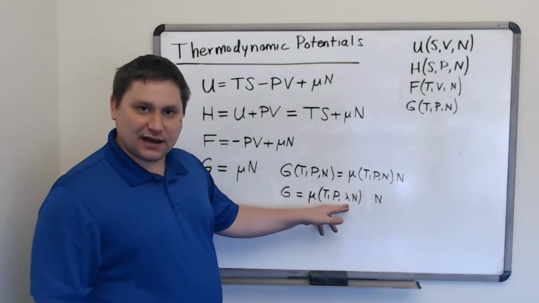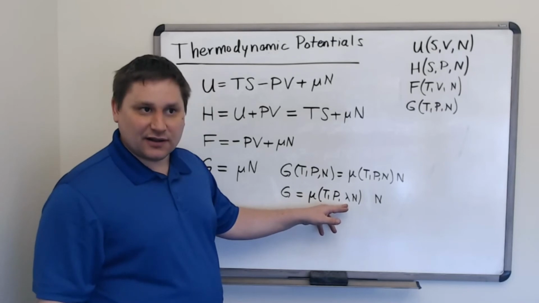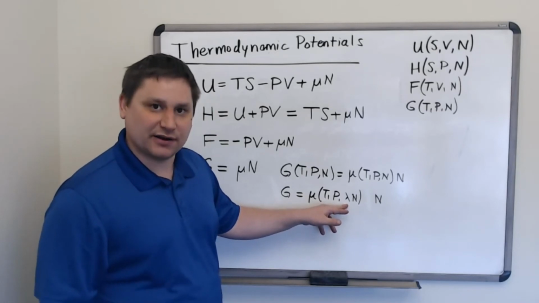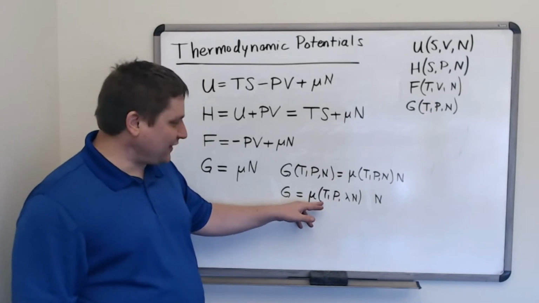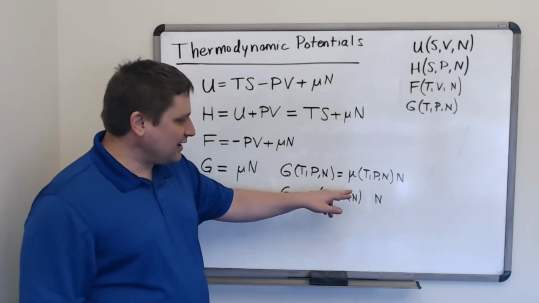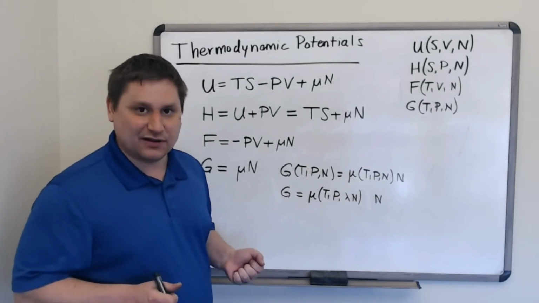What we can glean from this fact is that the chemical potential cannot depend on the particle number at all. If the chemical potential is written as a function of temperature, pressure, and particle number, the dependence on the particle number will cancel out completely.